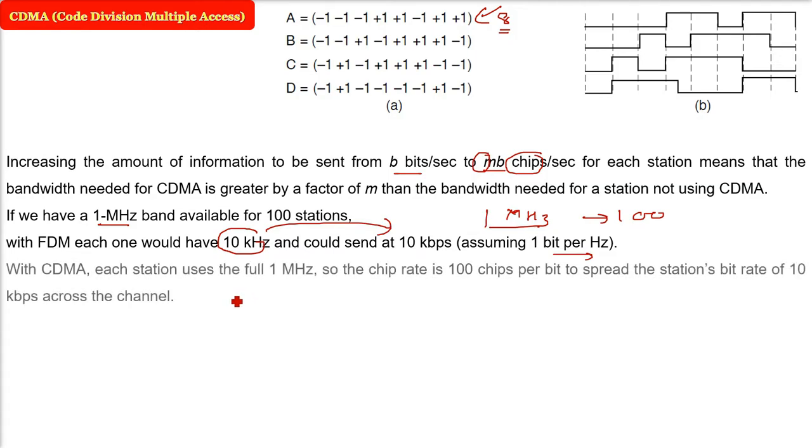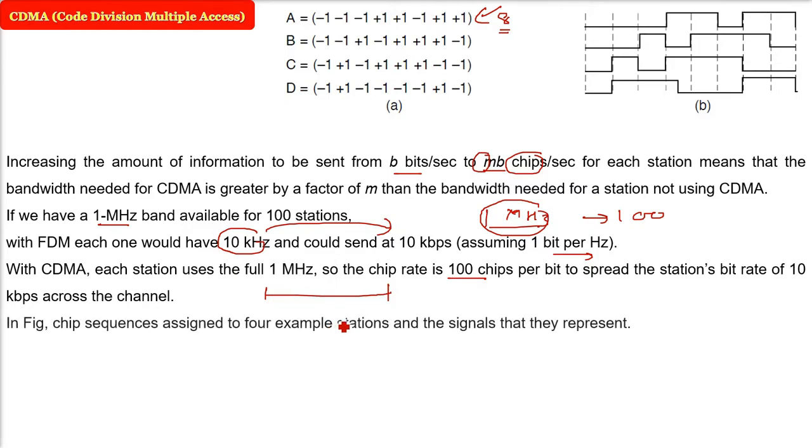When you are using CDMA, code division multiple access, each station is going to use the whole 1 megahertz. So the chip rate is 100 chips per bit to spread the station bit rate of 10 kbps across the channel. Every station will use all 1 megahertz.